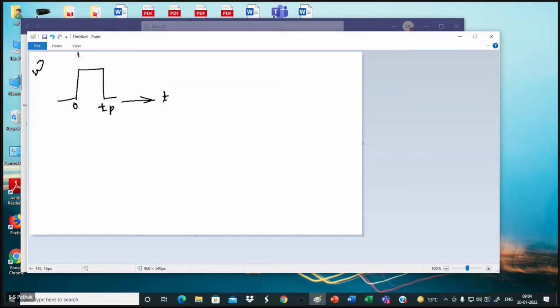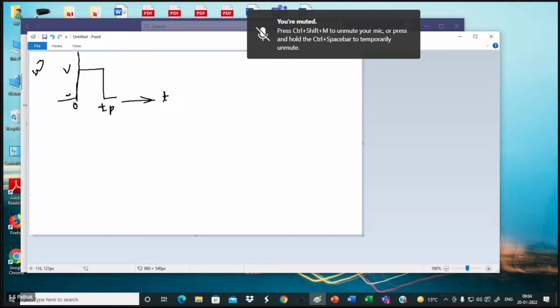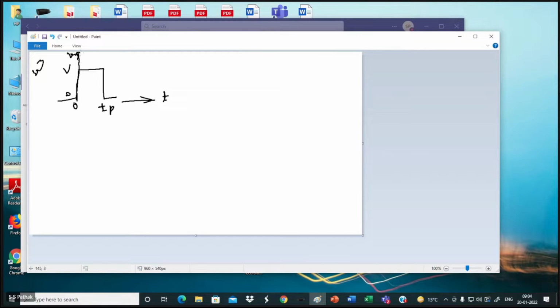And here is my voltage, let us say, V. It is V from here to here, it becomes your 0 from here to here. This is also 0. This V is plotted like that. Okay, so that I have shown.